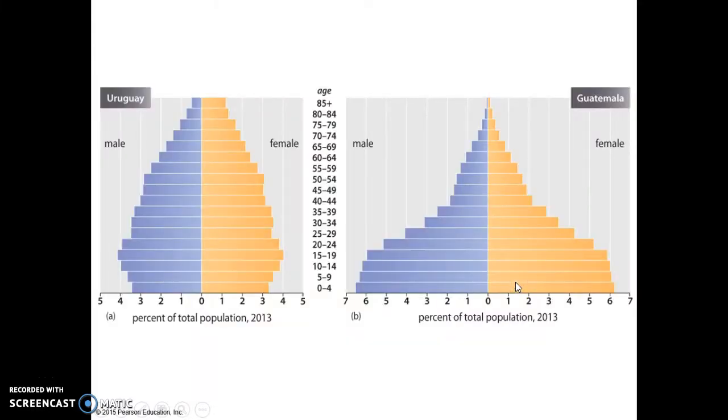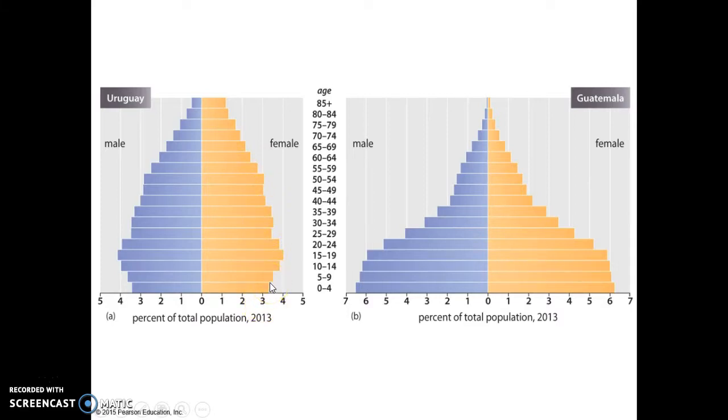Here's an interesting comparison between two countries, so that you can see how population in Latin America can be very diverse in terms of their age structure. Uruguay, notice this is very similar to what you find in many of the European countries, where the population is really mature. So we see a lot of older people and not as many younger people.